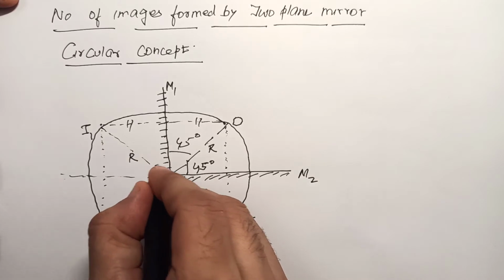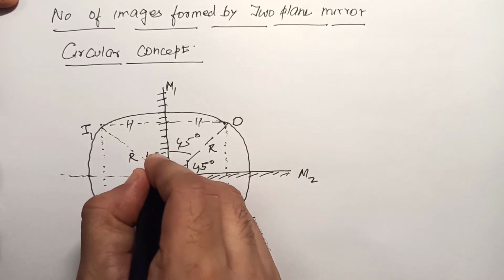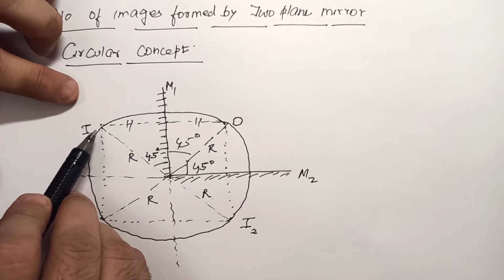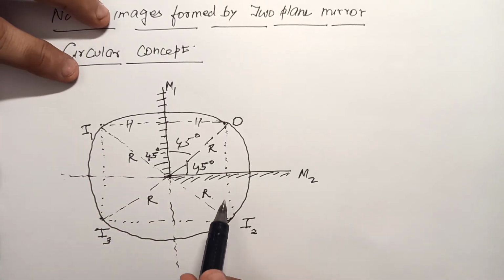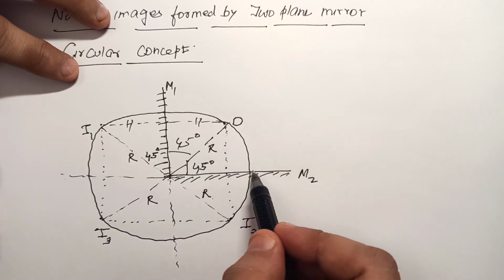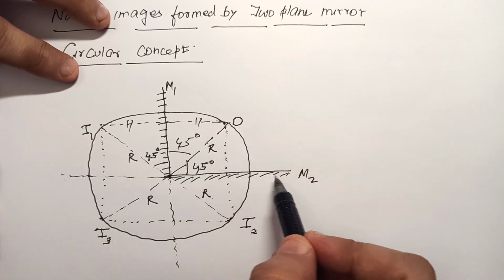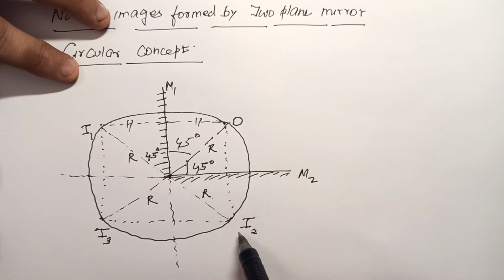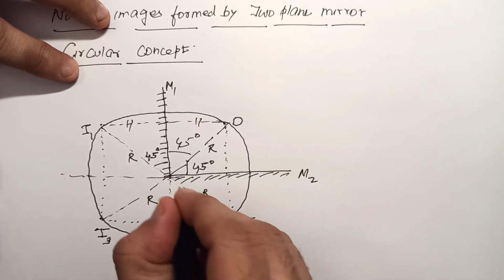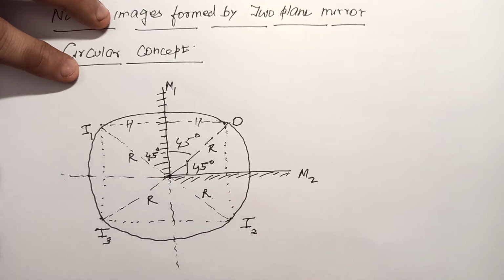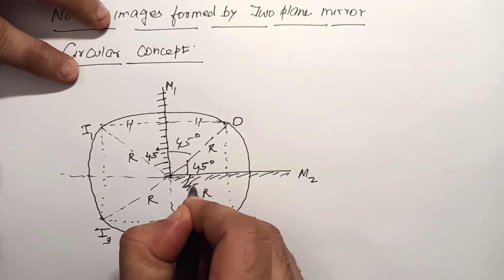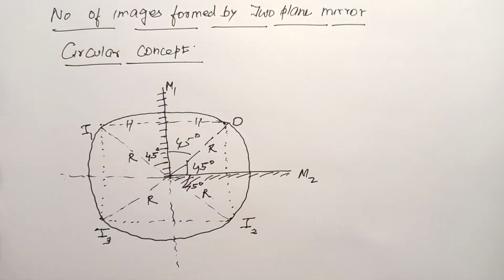So this angle would also be 45 degree, and that is what we have for I1, correct? Now here the object is 45 degree above this M2, so the other image is on this side at 45 degree. Correct? Very good.